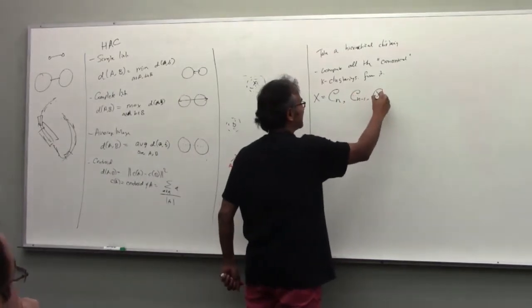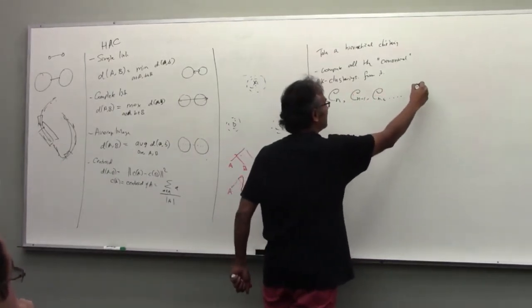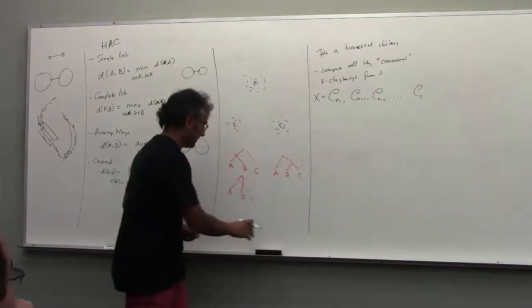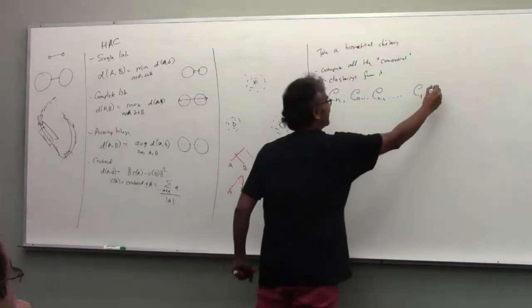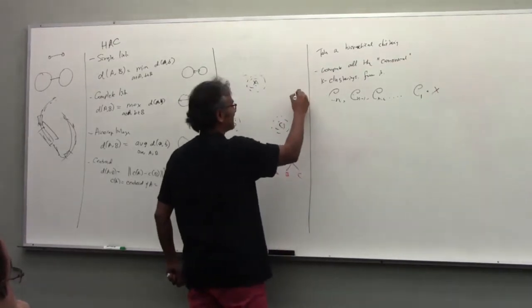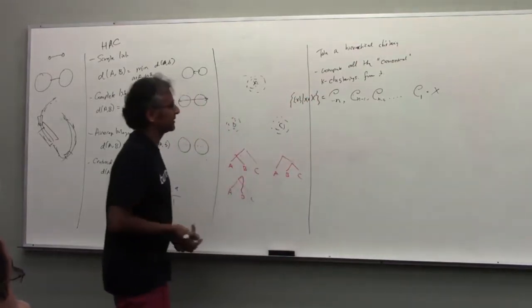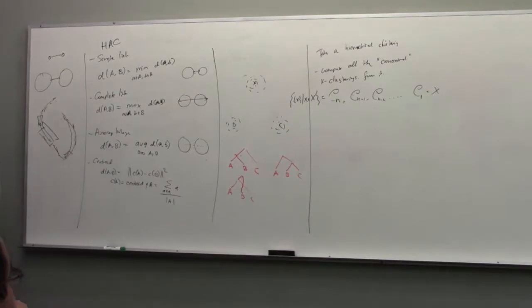I do another merge and I get Cn minus 2, all the way up to C1, which is everything in one set, the set of all X. So you can think of this canonical clustering as the set of clusters you get from the merge process.